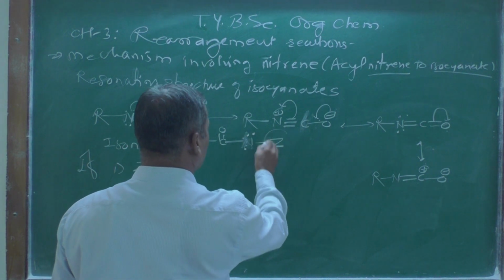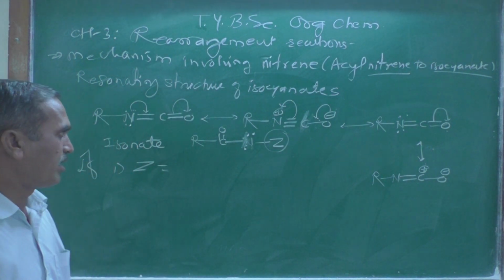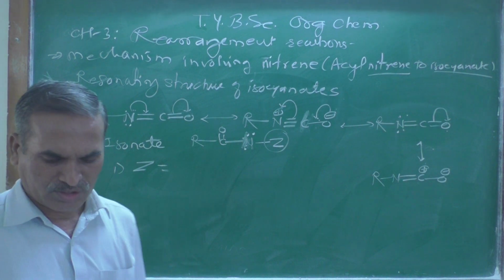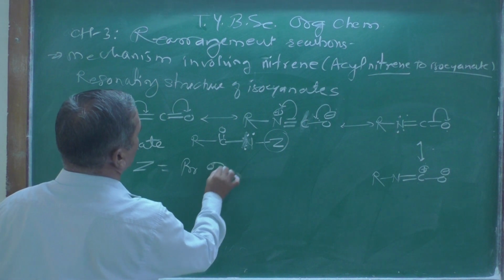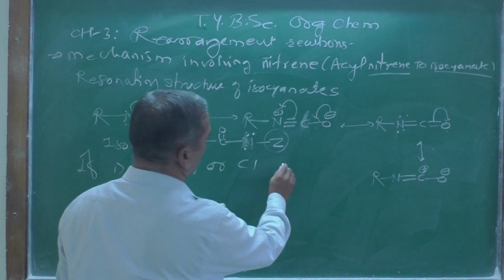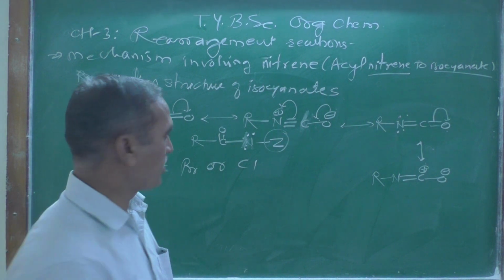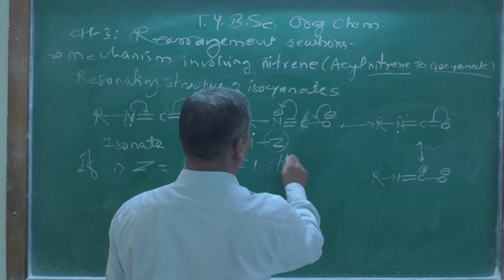This is it. If this Z has the structure, suppose there is a Br or Cl, then this rearrangement reaction is called the Hofmann rearrangement reaction.